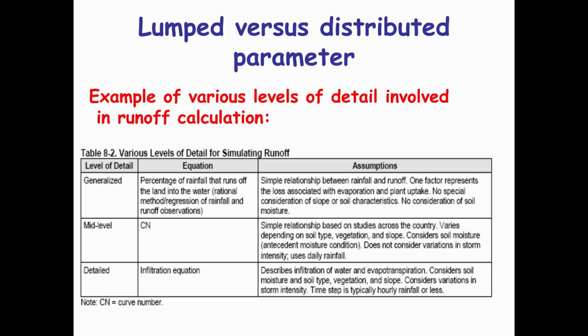Whereas for a very detailed model like the GSSHA model, you'd use some sort of infiltration equation at the very small scale to calculate the runoff amount. The assumptions for each of these models are listed on the right side of the table.